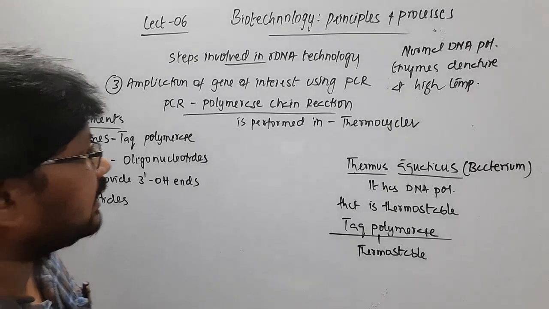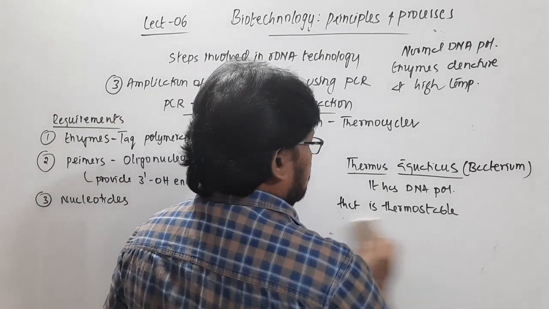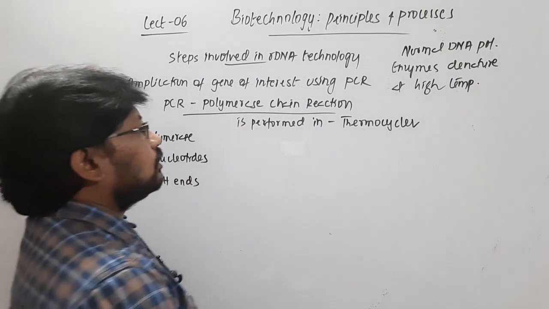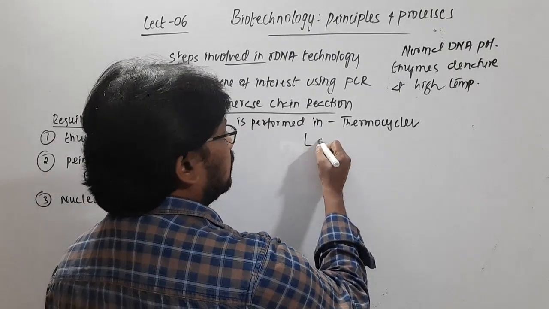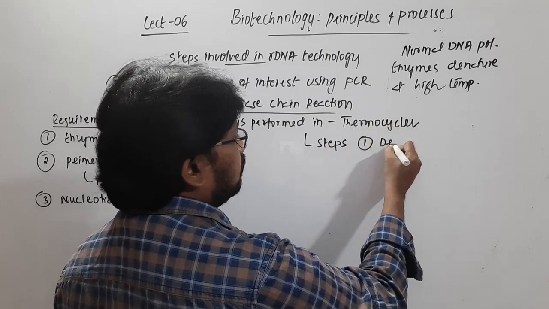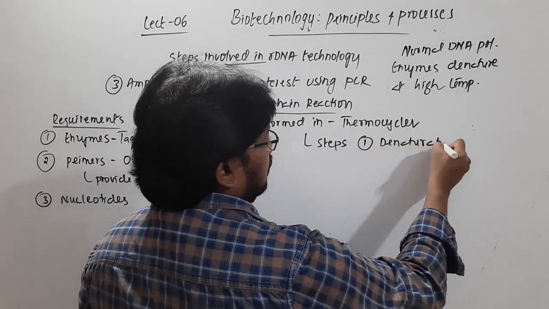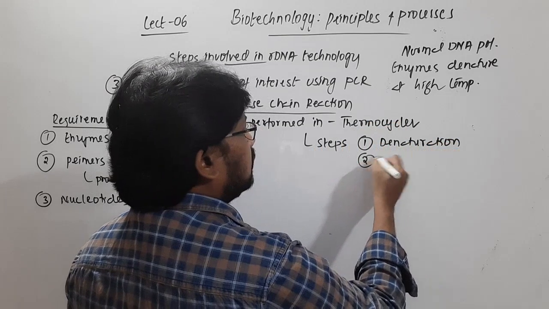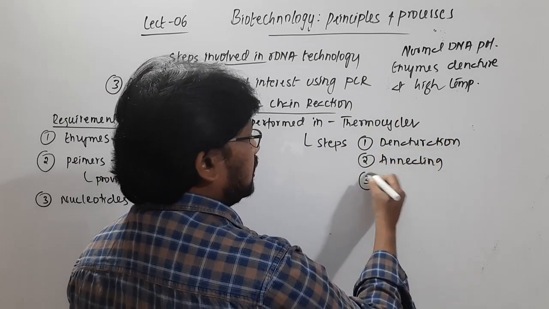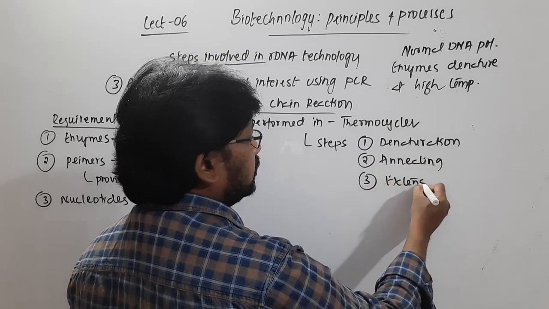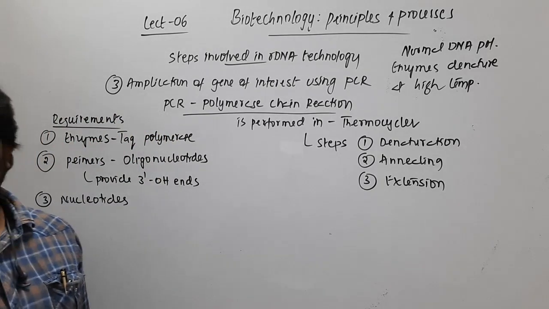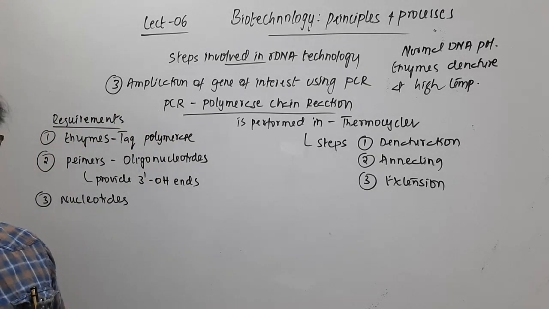Now let's see the steps of this PCR. There are 3 steps involved in PCR: denaturation, annealing, and extension. Each takes place at a different temperature.